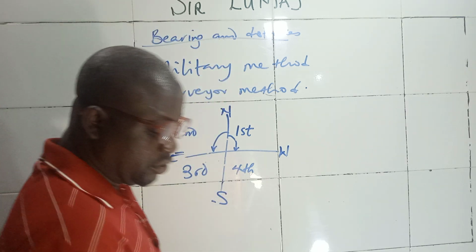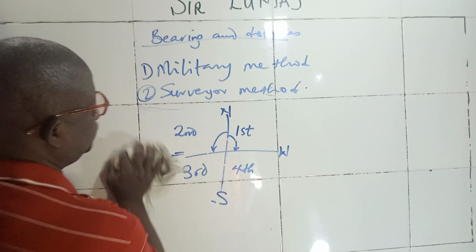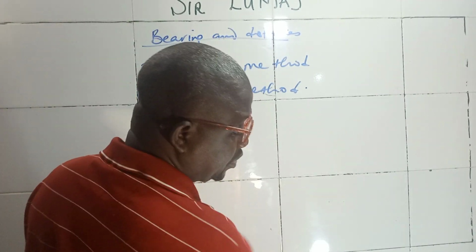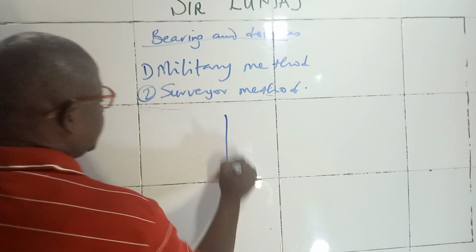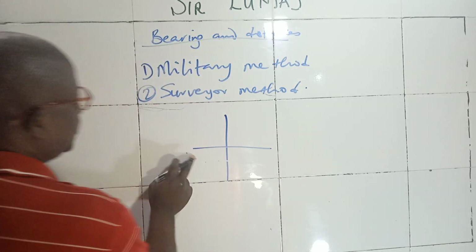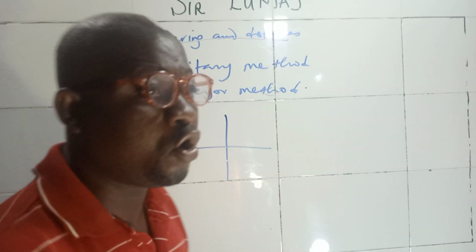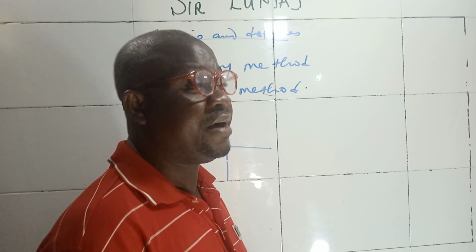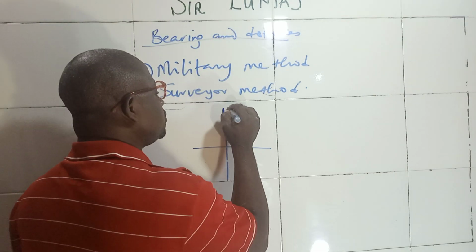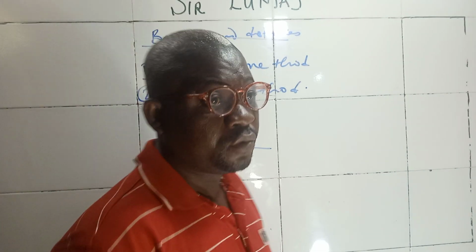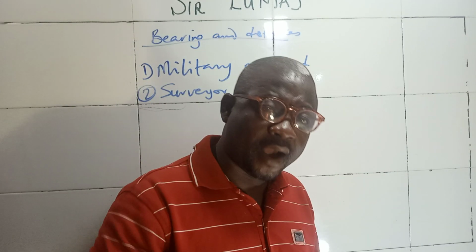So let me now give us a movement. The same quadrant I want to draw again. A boy is moving from the North Pole. All readings in bearing start from the North, and it has to be in a clockwise direction.